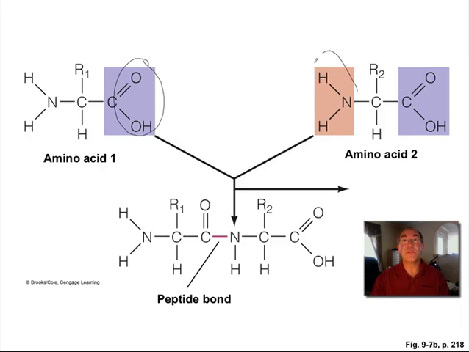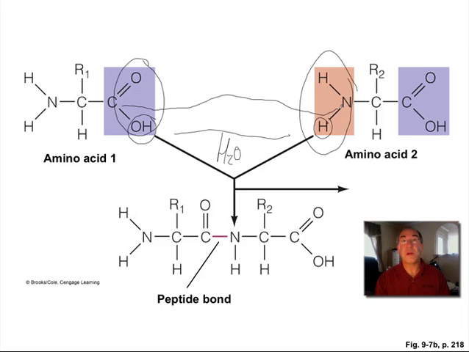Here's amino acid number 2, and here's the amino group. And with any organic reaction, we take this hydroxyl group and this hydrogen, join them together to make H2O, and we make a new bond between these two amino acids, and this is called a peptide bond.